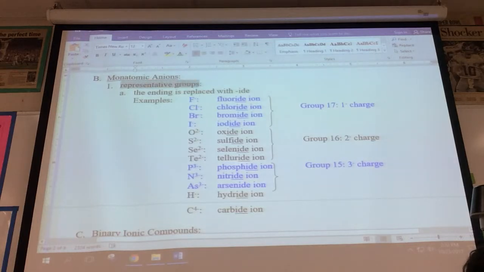For your representative or main groups, the ending of these monatomic anions is always IDE. So F minus is fluoride ion.